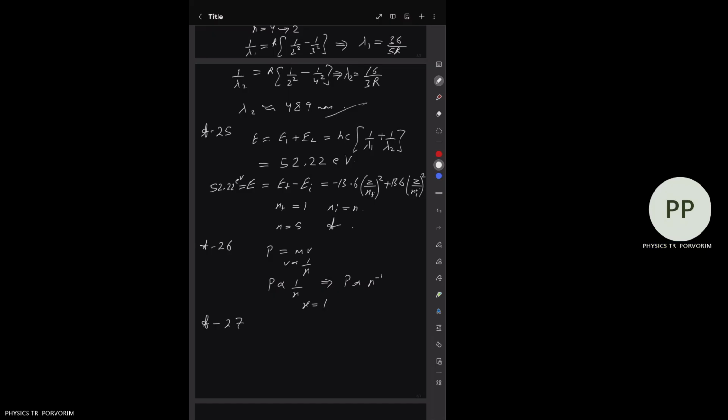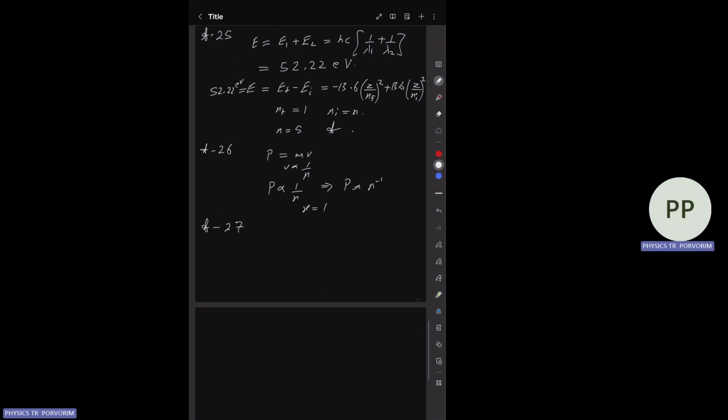27. An electron in hydrogen atom jumps from n equal to 4 to 1. Okay, the momentum of the recoiled atom is this, and the power we have to find. So when the transition happens, the delta E can be written as 13.6 (1/1² − 1/4²).